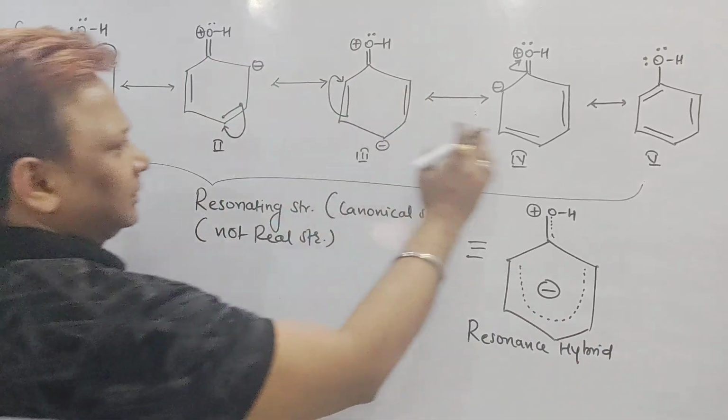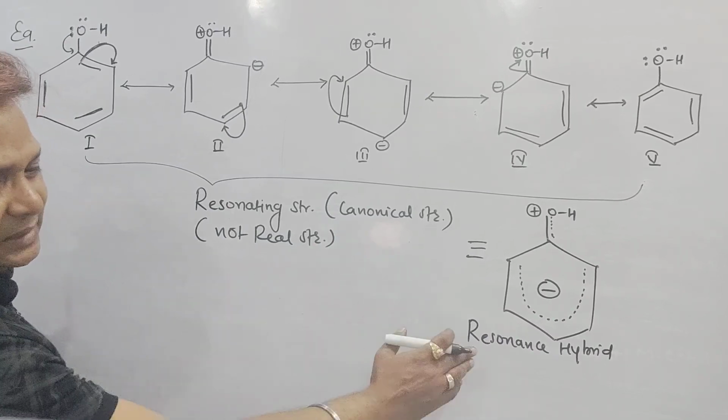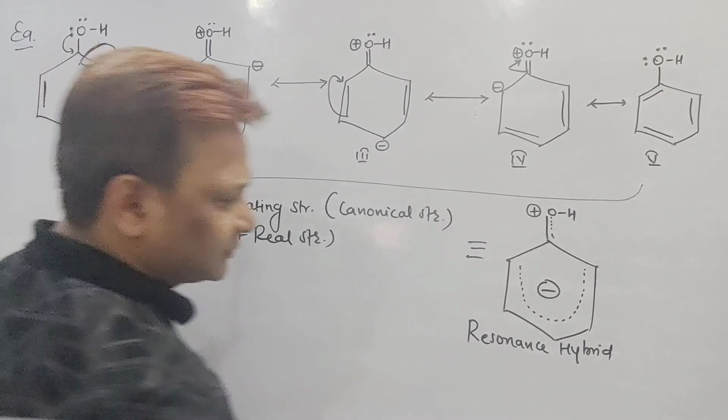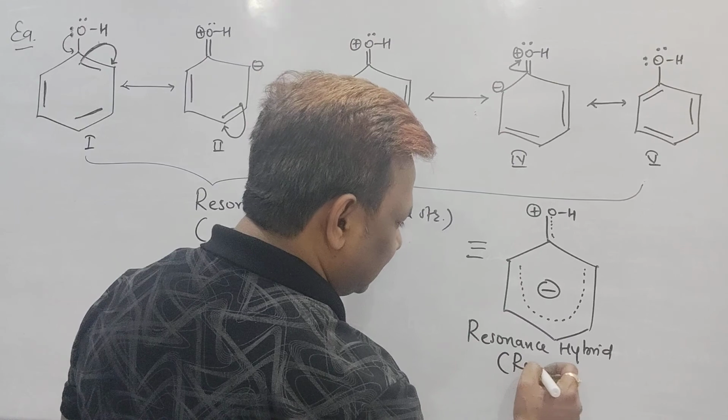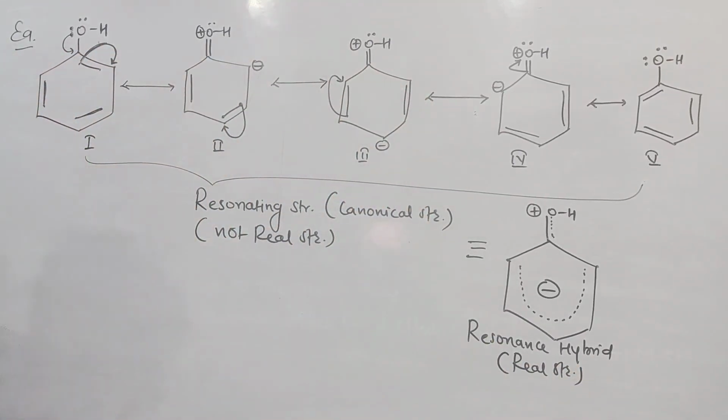All 5 are resonance structures called canonical structures, which are not real, but this is called a resonance hybrid. And you know, the resonance hybrid is nothing but the real structure. These are not the real structures.